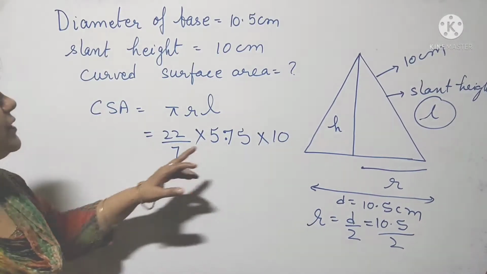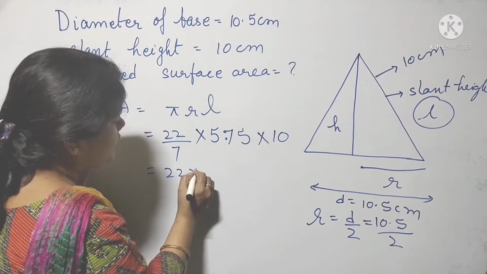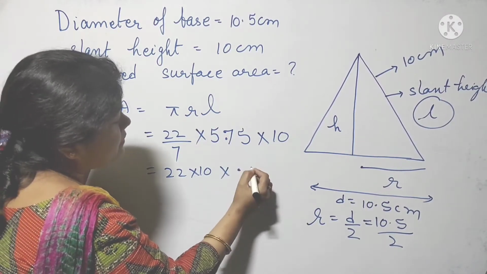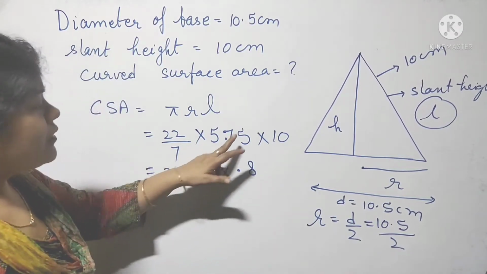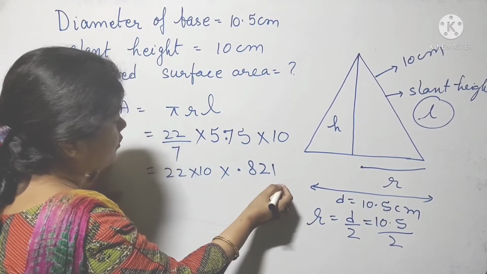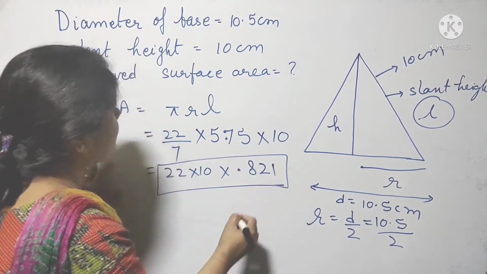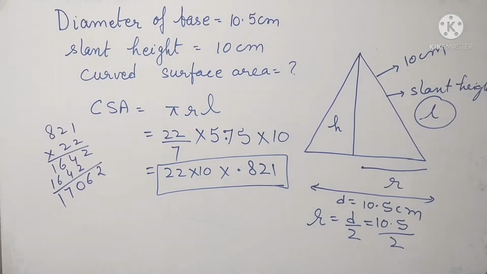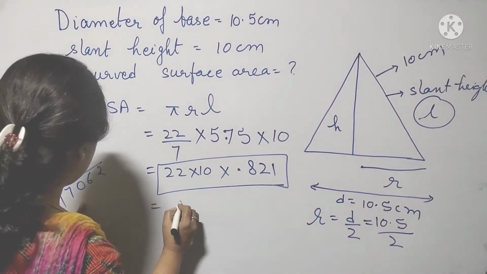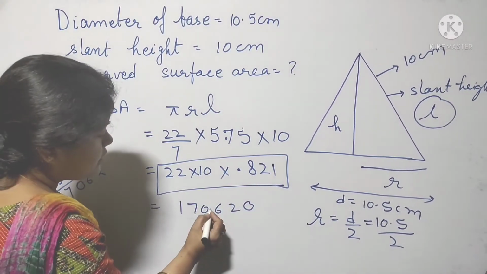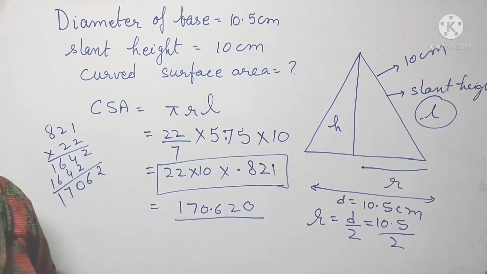Clear? Now when we solve, we get 22 into 10 into 5.25, we divide it by 7, and when you multiply, you will get the answer of the curved surface area. Now when we multiply, we get 170.6.